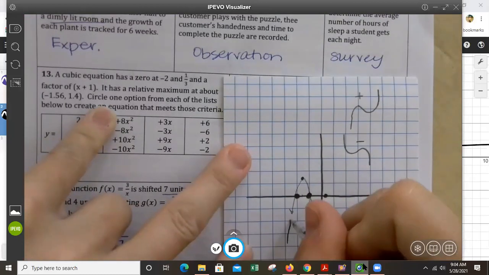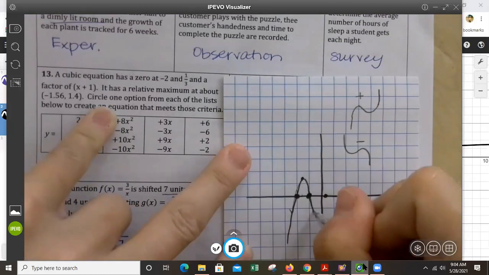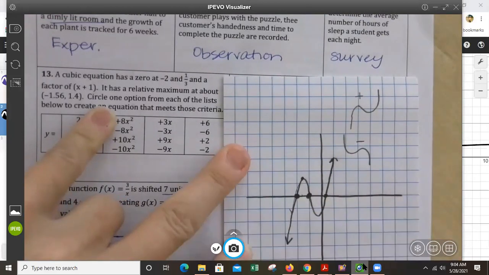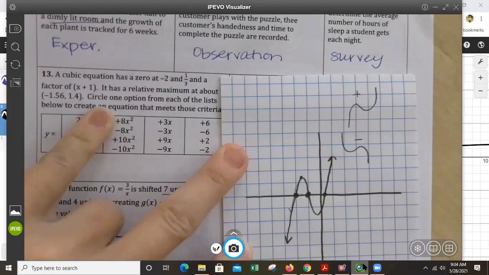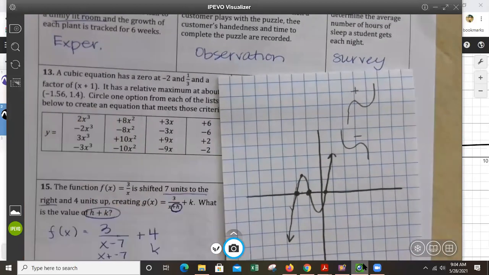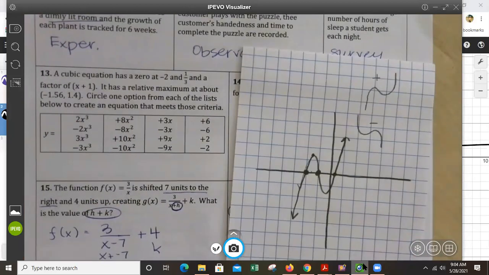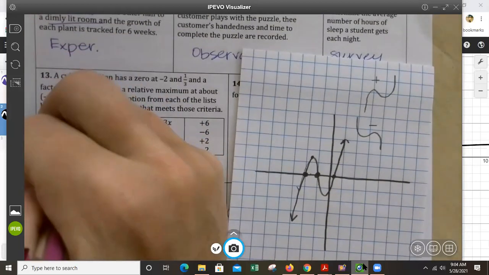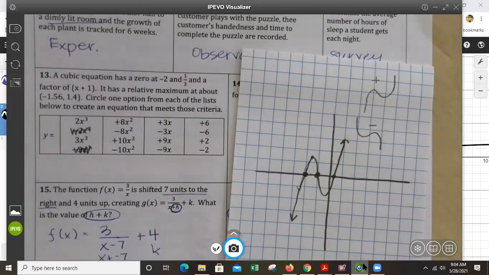So this one is coming down, making a loop, and coming back up. Okay, everybody good? This is just a sketch. This is not the actual one. So is this a positive graph or a negative graph? So it's positive. What about our y-intercept?